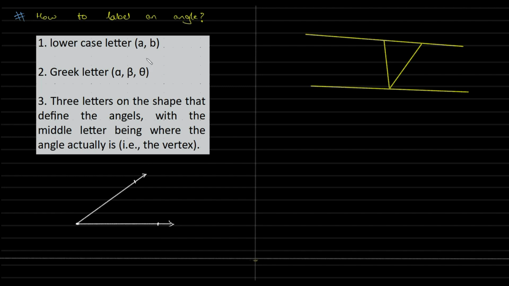So I want to name this. I can do this: angle A, angle D, angle G, angle S, angle T, angle U, V. Or we can name it using Greek letters, and one of the most famous Greek letters that is used is theta. Okay, so this is read as theta.